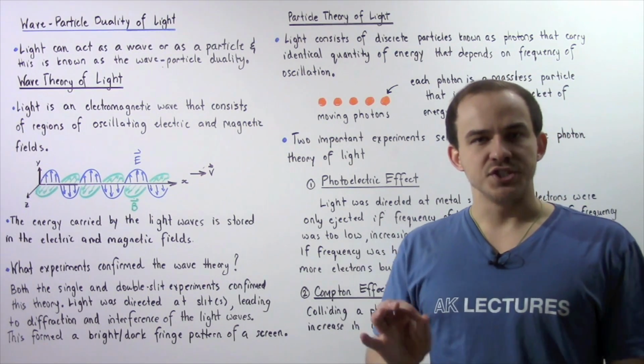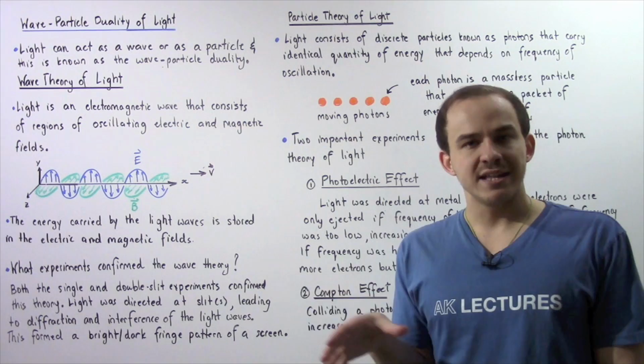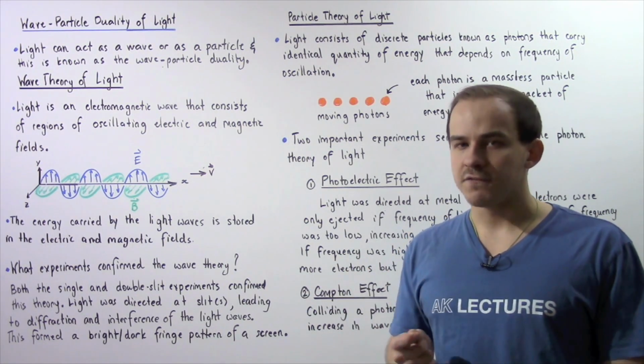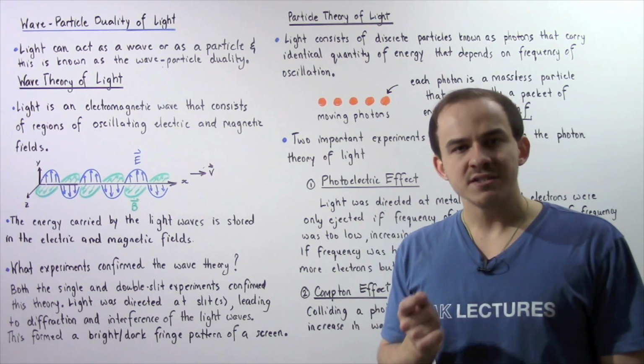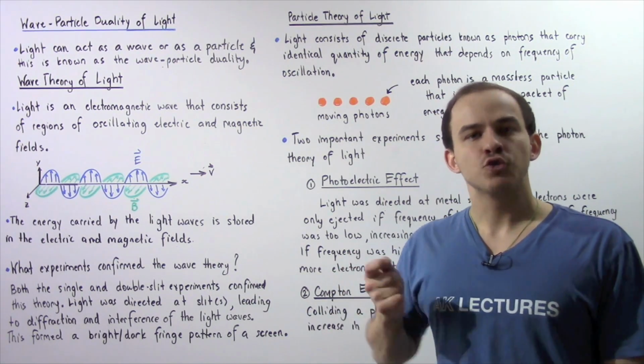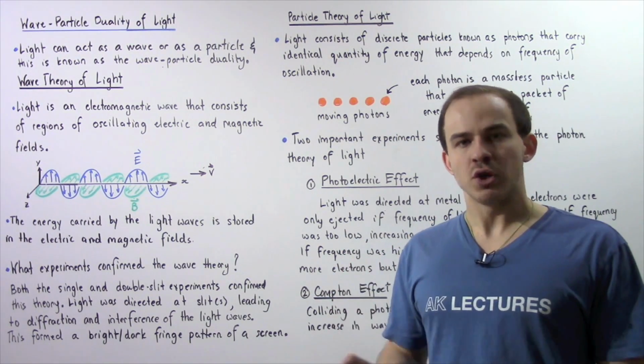Now, if the frequency of light was not high enough, no matter how high the intensity of light was, no electrons were ejected. However, if the frequency was high enough, those electrons were ejected, and increasing the intensity would in fact eject more electrons.